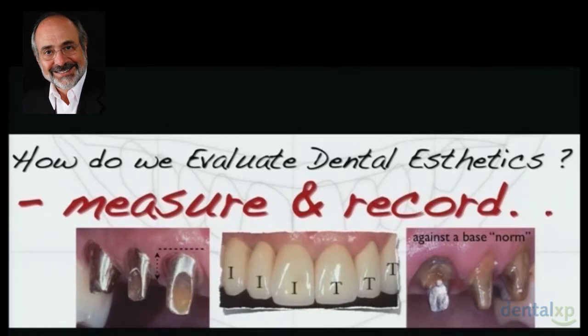And if you start to actually look at it and start to draw lines, you will see that the tooth-to-tooth relationships, the papillae are normal, the implant-to-implant relationships, they're quite different. The tooth-to-implant relationship still remains normal.